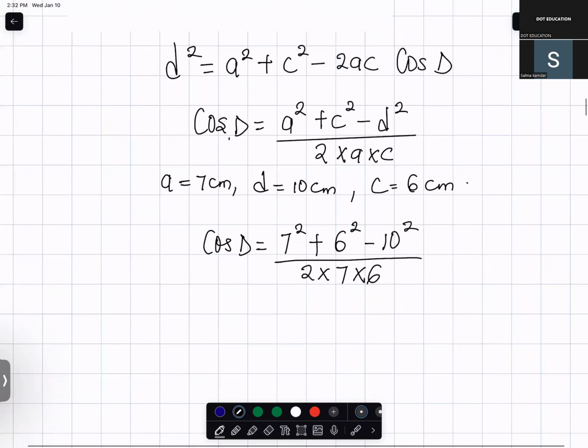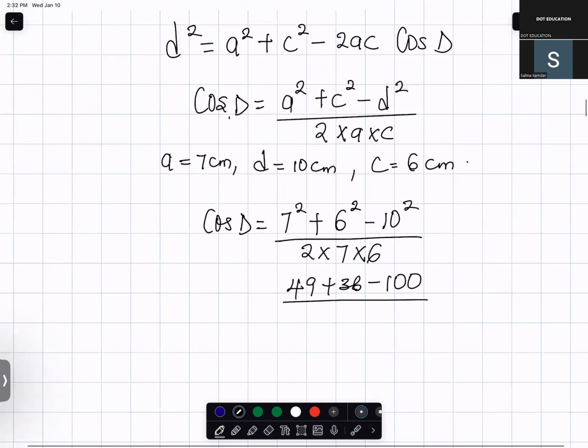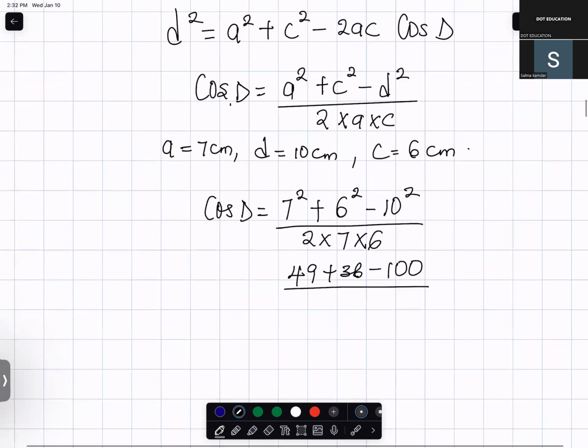So on your calculator, 7 squared gives us 49, plus 36, minus 100, divided by 2 times 7 times 6. What do we have? 2 multiply 7 multiply 6 gives us 84.